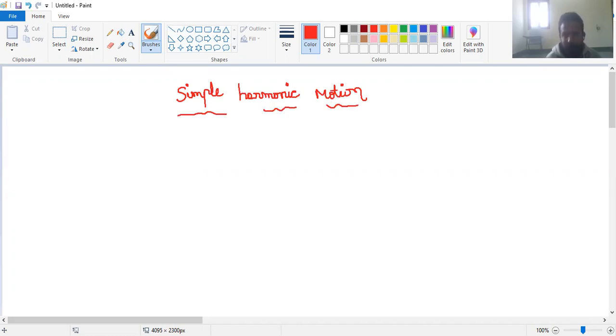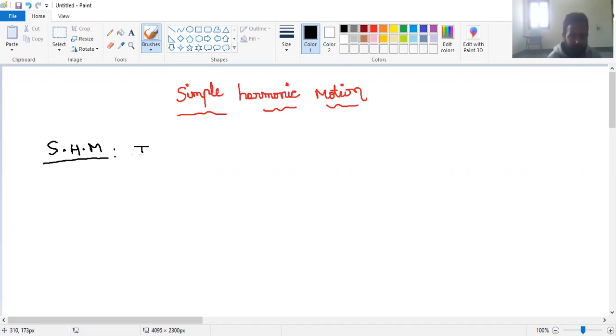Now, what is simple harmonic motion? If someone asks you what simple harmonic motion is, what can you say? Simple harmonic motion is something in which a body performs motion about a fixed point. We can call it SHM.